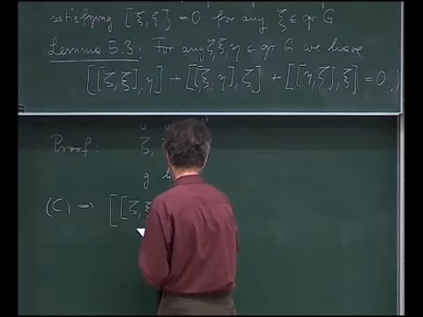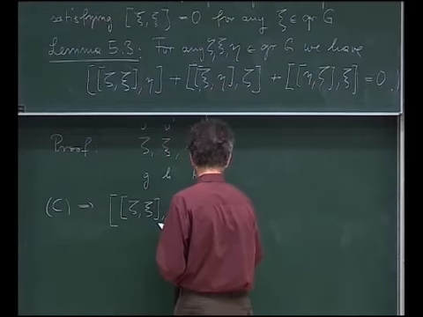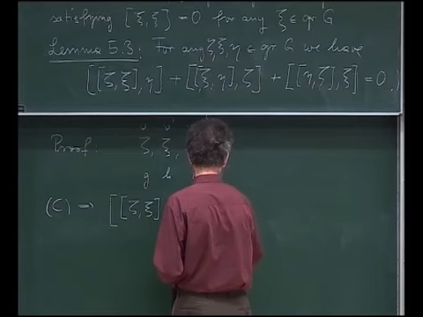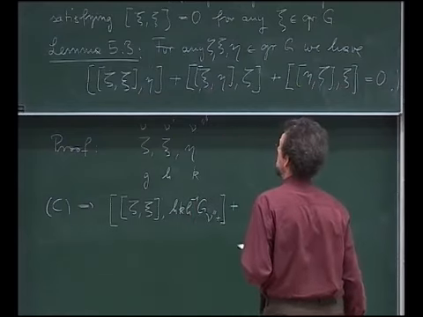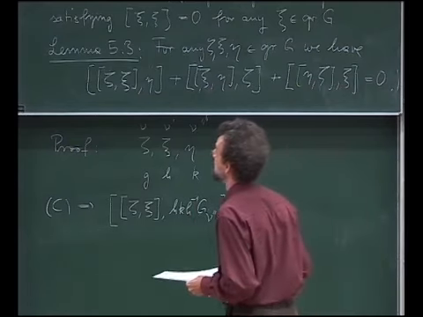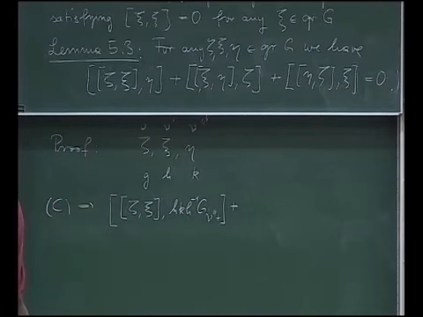So I have theta psi, and then I have the conjugate coset H K H inverse G mu double prime plus.